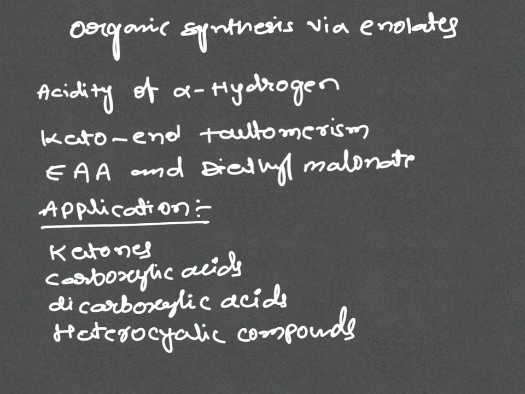In this topic, we are going to learn synthesis of ketones, carboxylic acid, dicarboxylic acid, heterocyclic compounds by using ethyl acetoacetate and diethyl malonate. Today I am going to explain about acidity of alpha hydrogen.